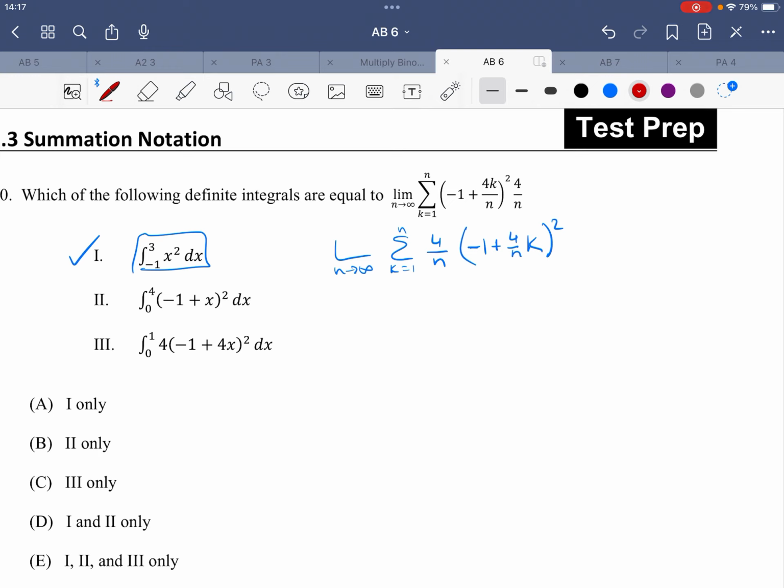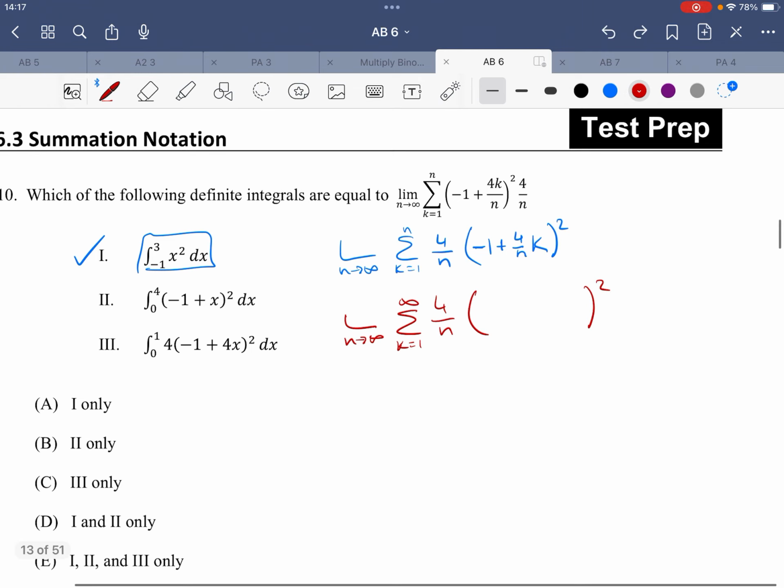For 2, I'm going to do the limit of the sum of b minus a is still going to be 4, so 4 over n, and now the function looks like this, -1 plus something squared. Let me make that smaller.